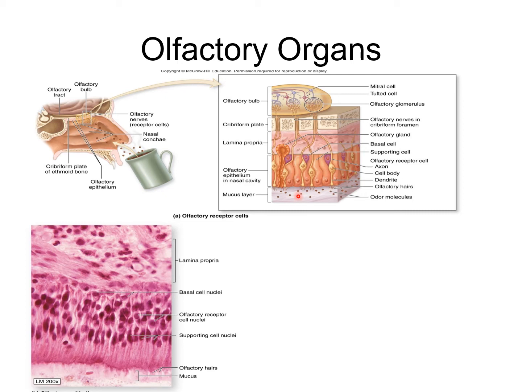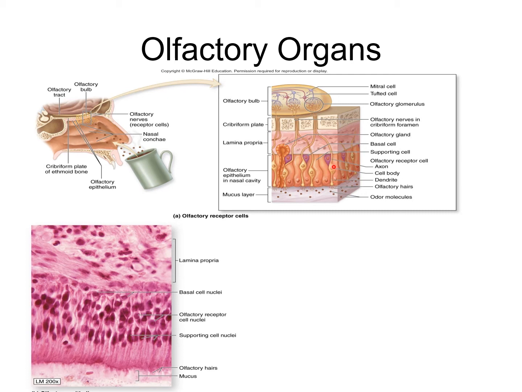When those odorant molecules dissolve and get mixed in with the mucus, it makes it easier for us to pick them up. These are right here within the olfactory epithelium.